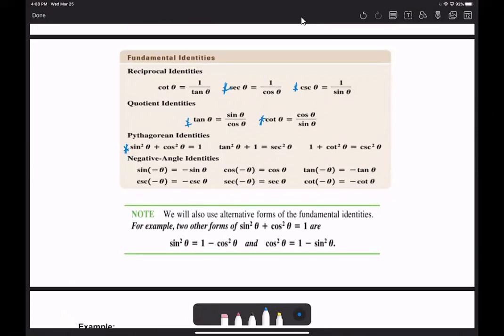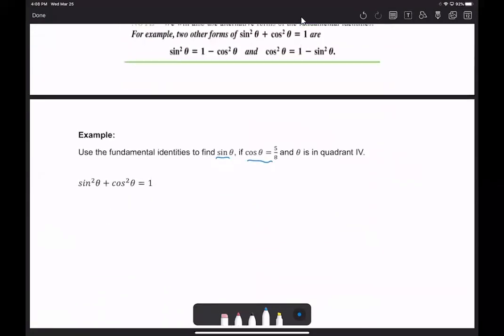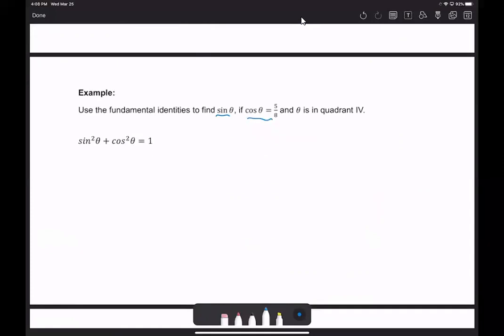So what I'm looking for is an equation that contains sine and cosine and no other trig function. And that would be this Pythagorean identity here. So we're going to take this identity and solve it for sine. I'm just using algebra here. We're going to rearrange by subtracting cosine squared theta, and that gives us 1 minus cosine squared theta on the right.